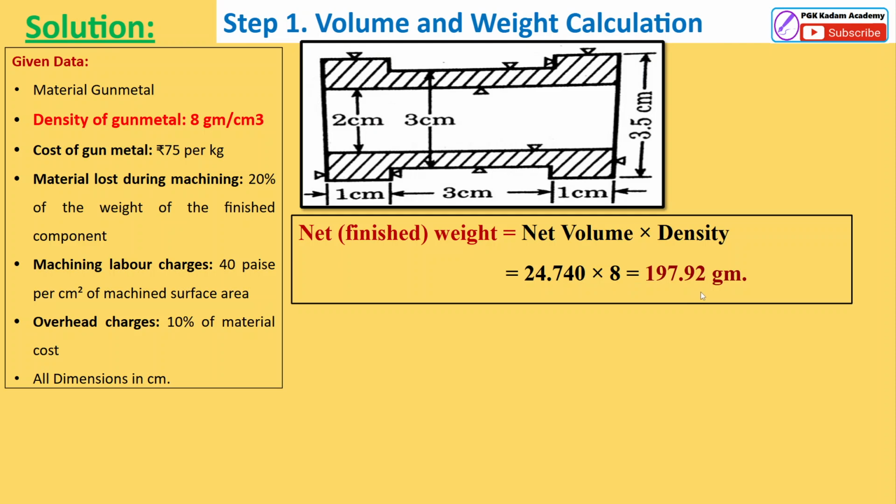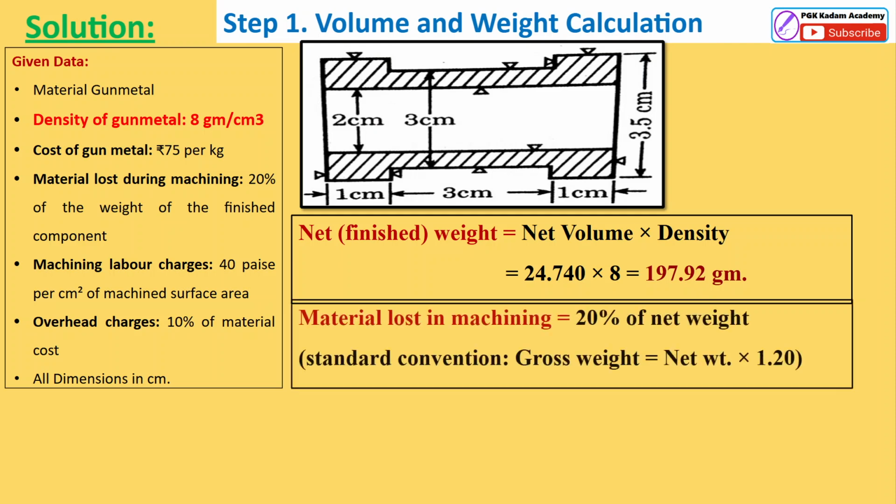Net weight is 1.92 gram. Now the weight including material lost during the machining. 20% of net weight means the net weight multiplied by 1.2.